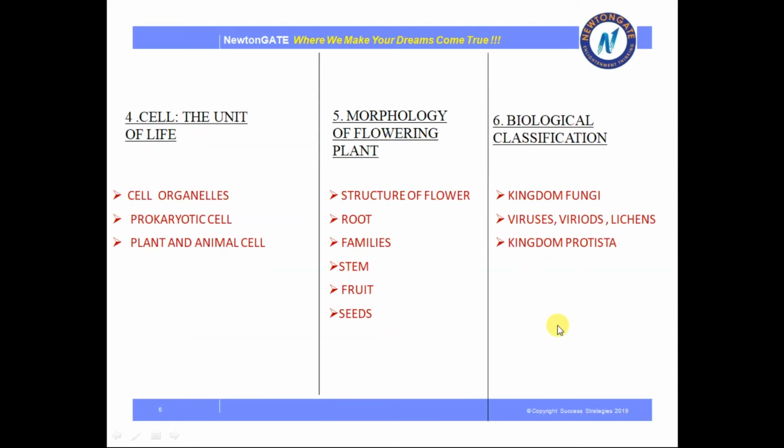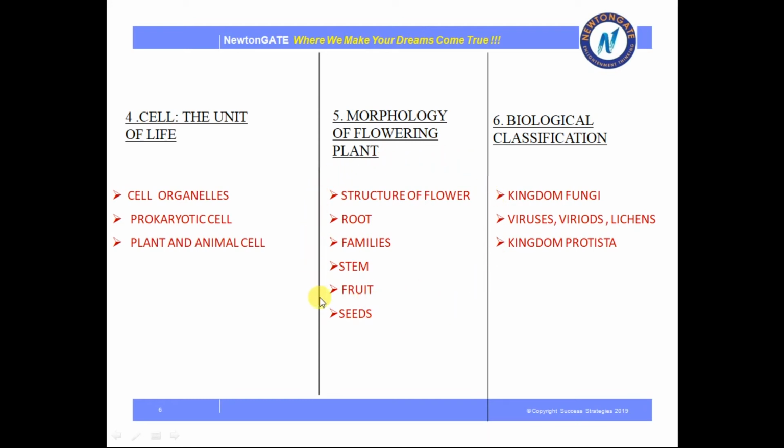Next comes cell, the unit of life: cell organelles, prokaryotic cells, plant and animal cells. These three topics need to be studied thoroughly before the exam. Then comes the morphology of flowering plants: structure of flower, roots, families, stem, fruits, seeds.